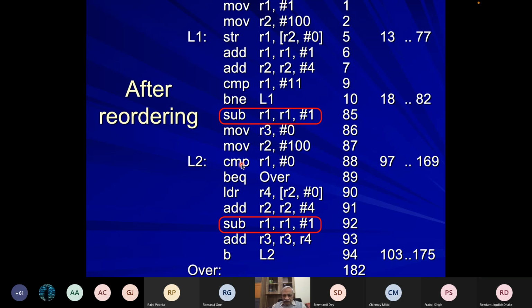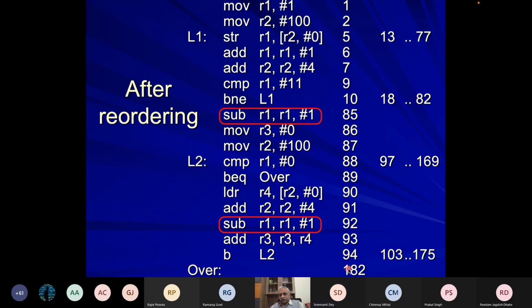So this comparison and this subtraction, there is a dependence between these that is taken care of, and between this subtraction and following this comparison. So those delays are cut down, the delays which were there because of data dependence, and the code becomes faster further.